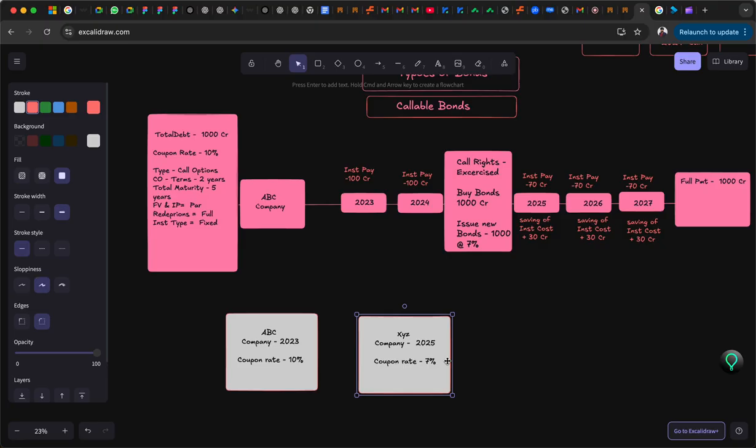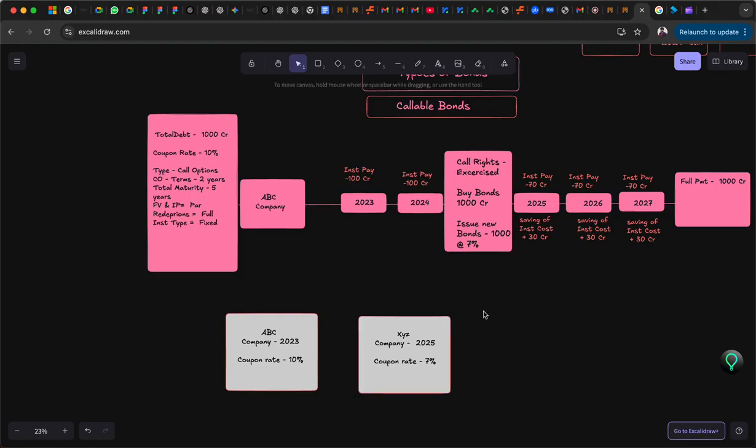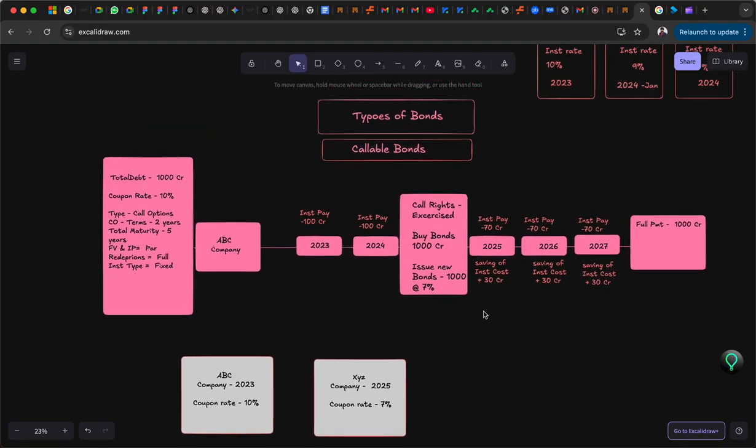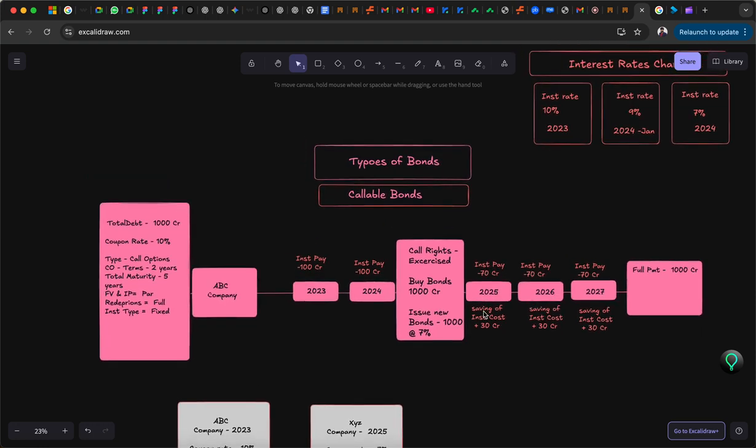No, it will not. Existing bond price will go up due to demand and supply, because most people will prefer to invest in the existing bonds which are offering a higher coupon rate. I hope you get it. All right. So this was the example of the callable bonds type, guys, and this is highly famous.